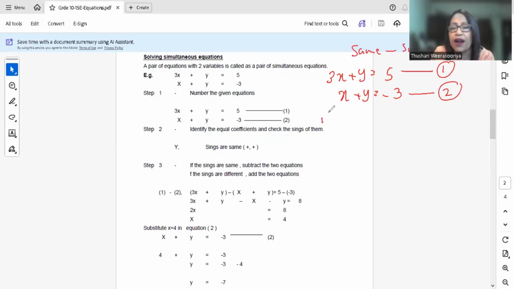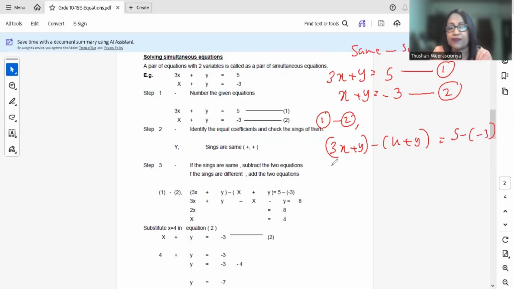Then 1 minus 2. That's the meaning: first equation subtract the second equation. 3x plus y minus x plus y equals 5 subtract minus 3.